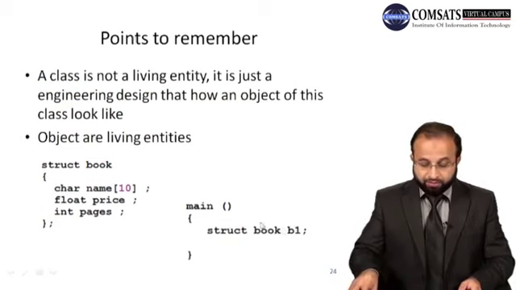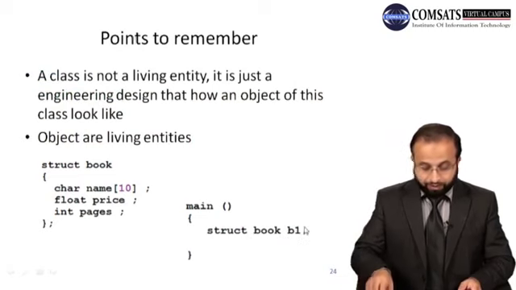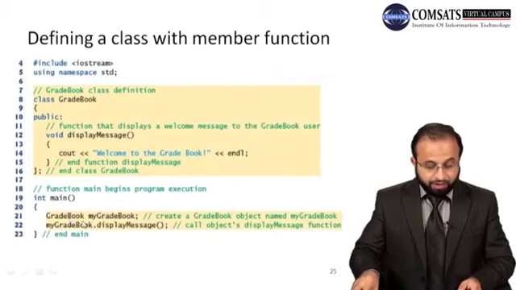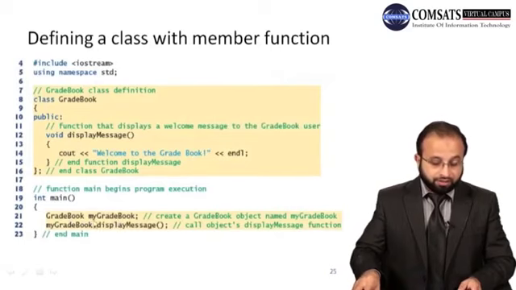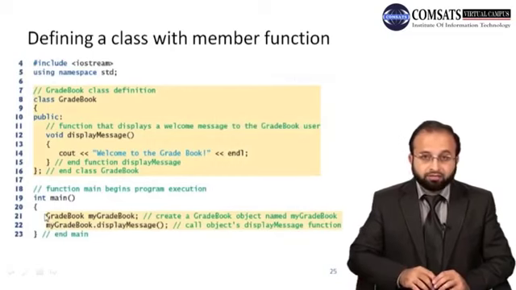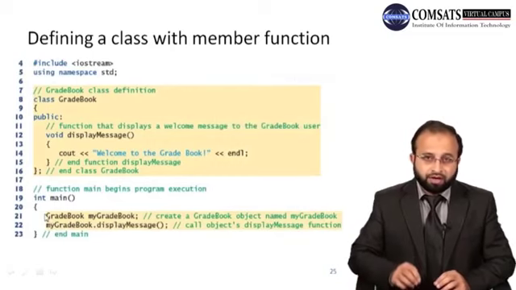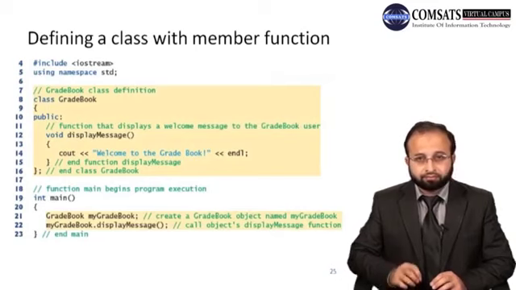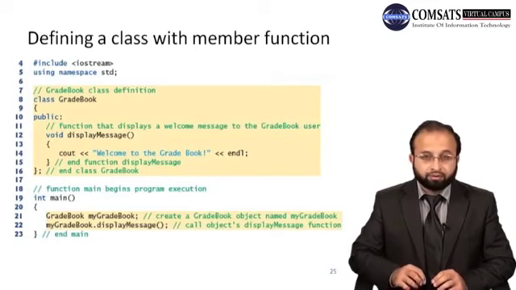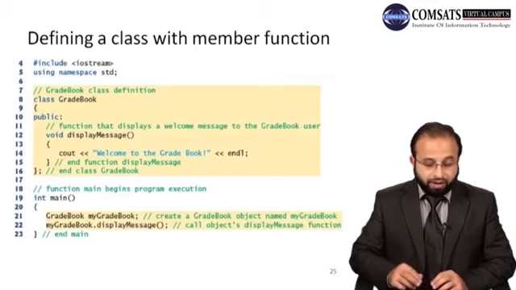When you create this variable whose type is struct book, the memory will be allocated for b1. So when you create the variable myGradBook whose type is the GradBook class, there is no need to specify the keyword class with GradBook. You can just simply write the name of the class, that is GradBook myGradBook semicolon.